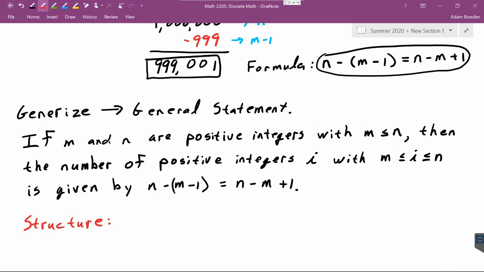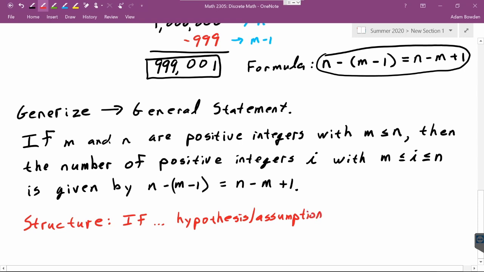So the general structure of this is we have an if statement, and that if statement takes the hypothesis or the assumptions of the statement. And so we start out with those like we did before. Hypothesis and the assumptions, and then from there it's supposed to follow the conclusion.